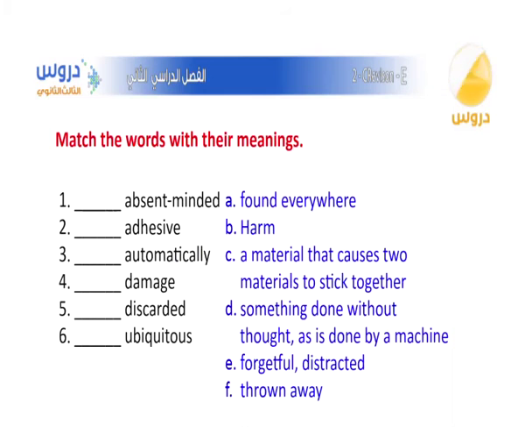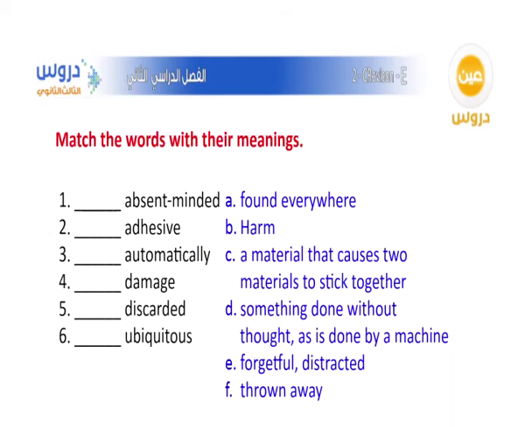Absent-minded. When someone is absent-minded, do you know the definition or the meaning of this? Found everywhere, harm, a material that causes two materials to stick together, something done without thought as is done by a machine, forgetful, distracted, thrown away. Okay, that's totally fine if you don't know.